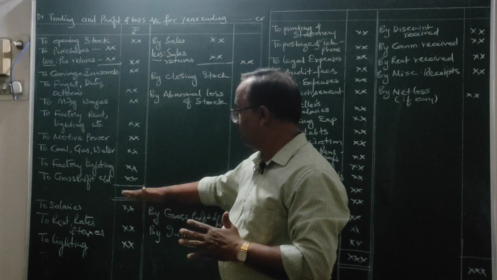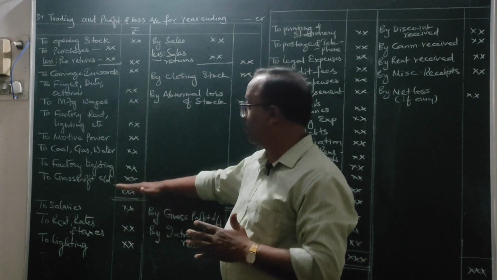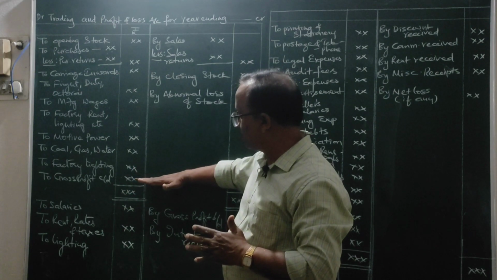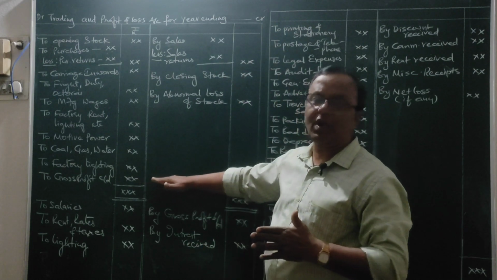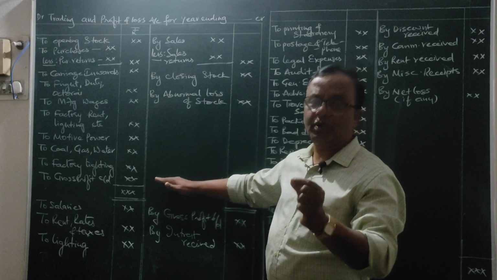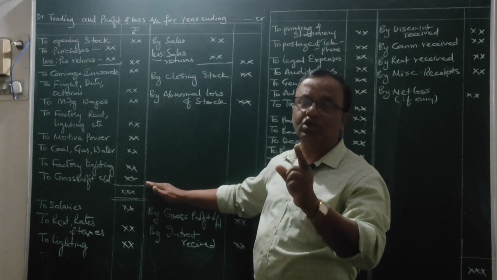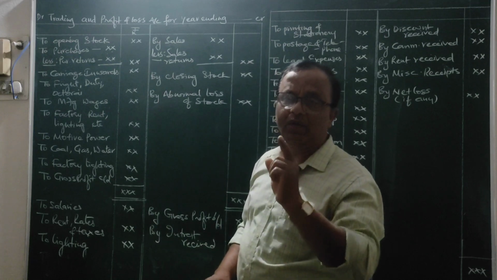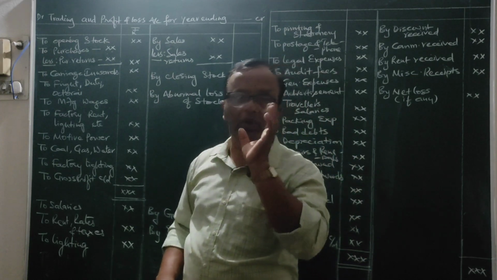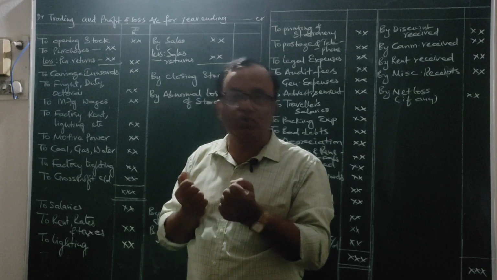Further going into the profit and loss account, let's understand the trading account a bit, and discuss it once again. Normally, if somebody asks for the gross profit formula, you should say gross profit is nothing but sales minus cost of goods sold. What is the meaning of cost of goods sold?